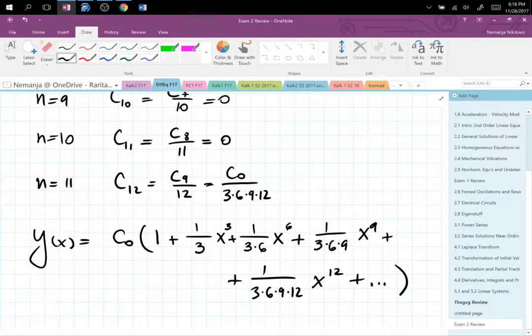Now, the first one is x to the 0, which is 1. If you want to put this in, can we compress this? You have to use triple factorial. You can't write this as a separate series.